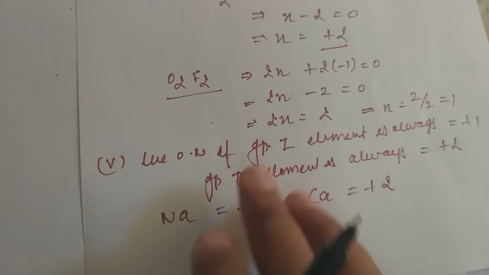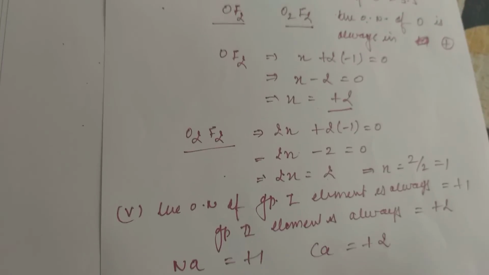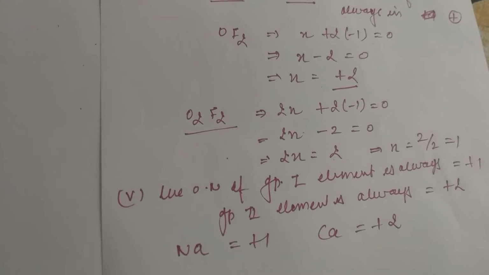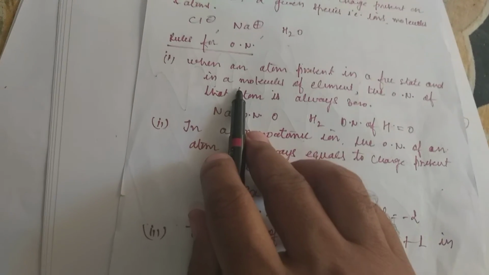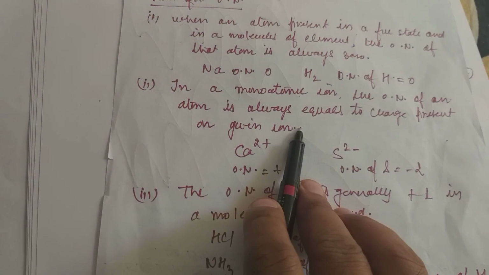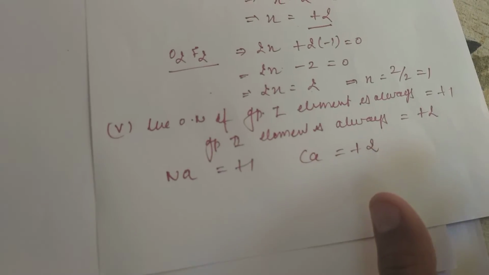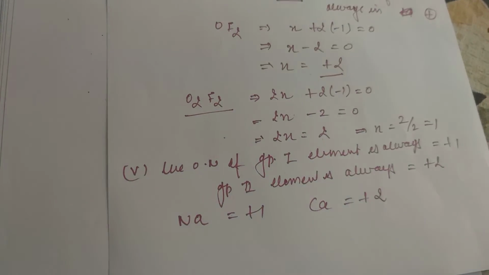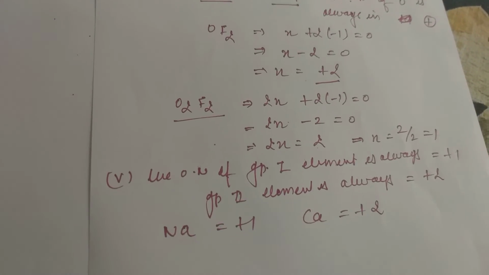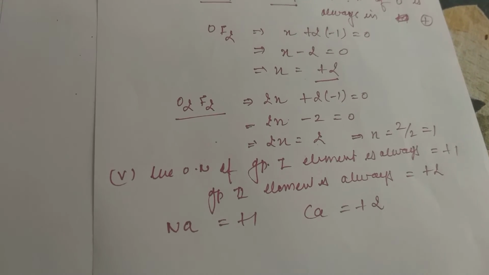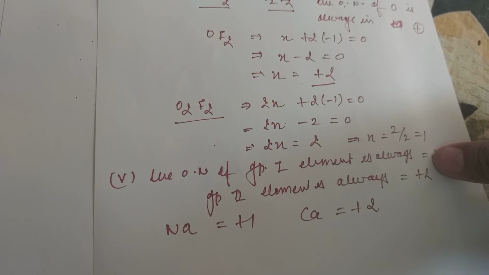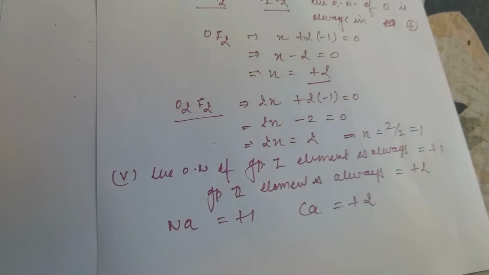So it is fixed for group first and group second. So these are some basic rules to find out the oxidation number. First, free state; second, monoatomic ion; third, hydrogen; fourth, oxygen; and fifth, group first and second elements. Then in the remaining cases, we have to use these rules to calculate the oxidation number.